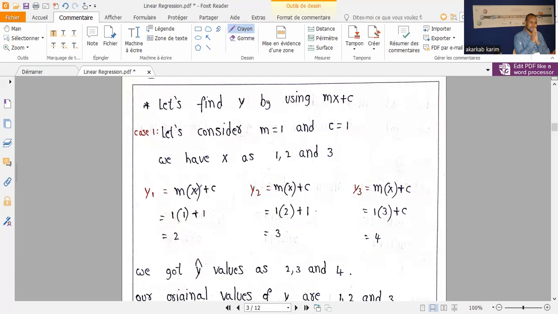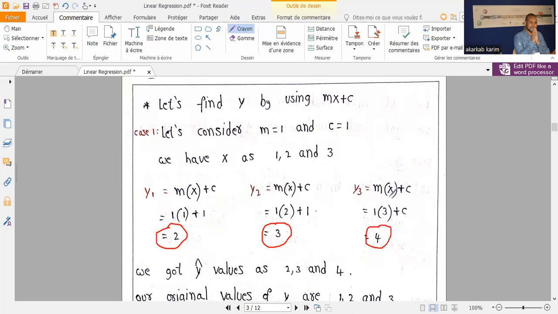For the first one, if x is 1 and m is constant, equal to 1, and c also is constant, we have 1 times 1 plus 1 equal to 2. In the second scenario, with x equal to 2 and the same constant values for m and c, we found 3. And here also we have 4.